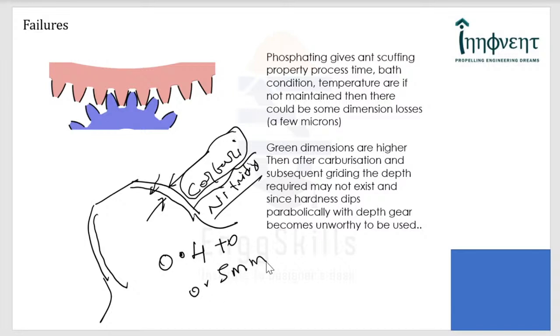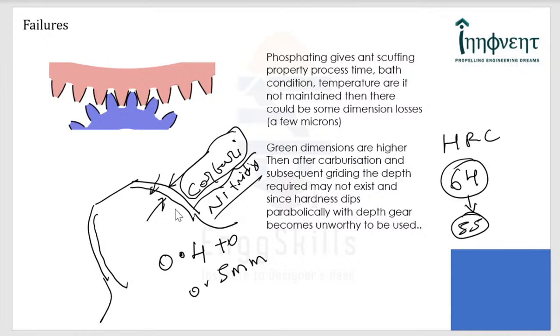As we travel along this depth, the hardness required is, let us say, around 64 HRC to begin with on the surface, but as you go deeper, this hardness significantly drops, and it drops parabolically. That is, it drops non-linearly, and therefore the case depth has to be maintained very carefully.